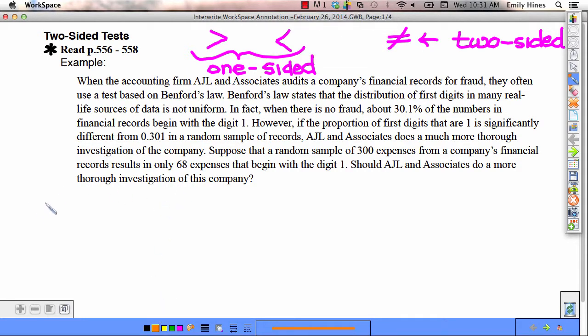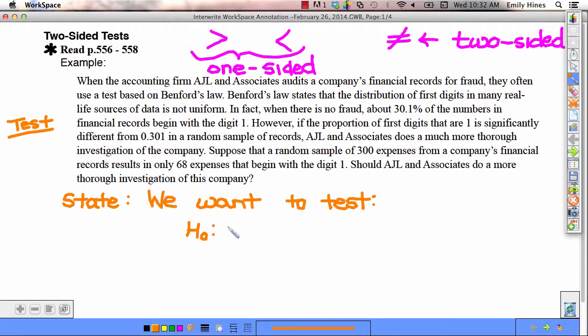Okay, so we want to make sure we go through all 4 of our steps, and let's do this with a significance test first, and then we'll come back and do it with an interval. So for our significance test, the first step is state. We want to test the following.